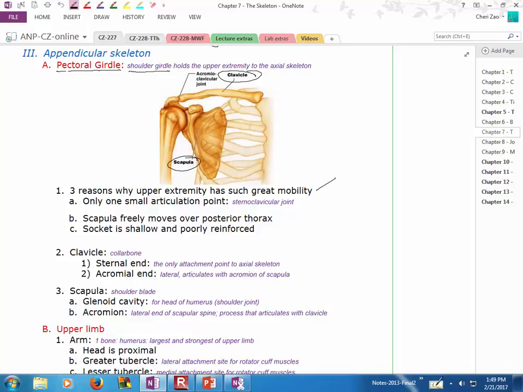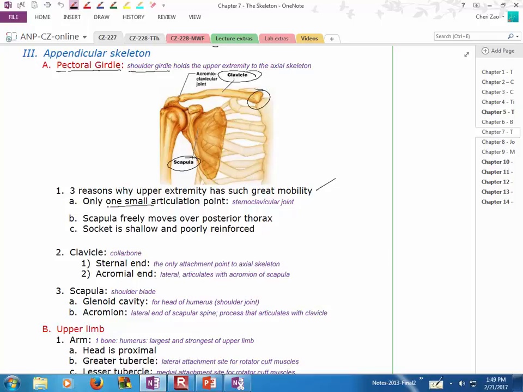What's really strange is that we actually only have one small articulation point to the axial skeleton, and that's the sternoclavicular joint. So right here, that's the only actual attachment to the axis. And it's a really small attachment.